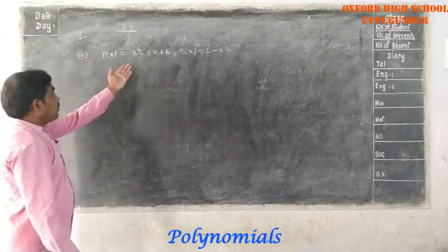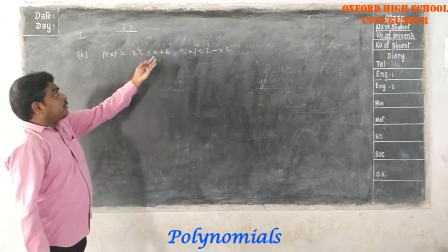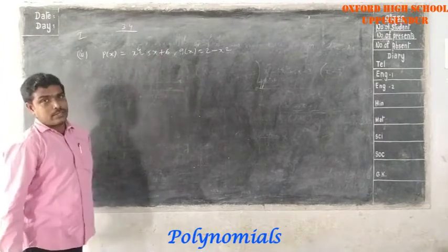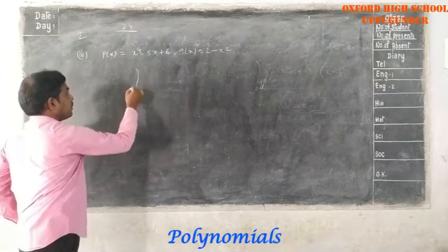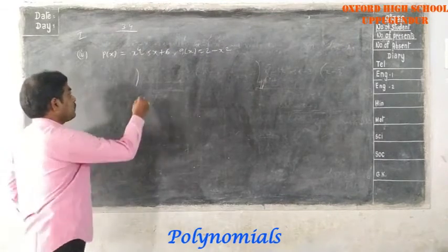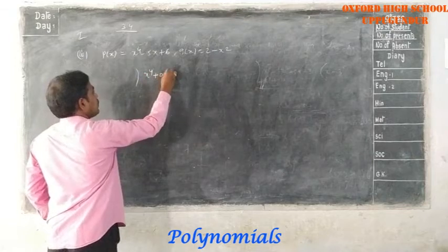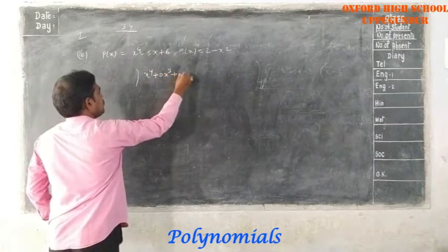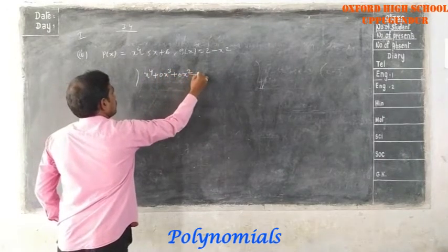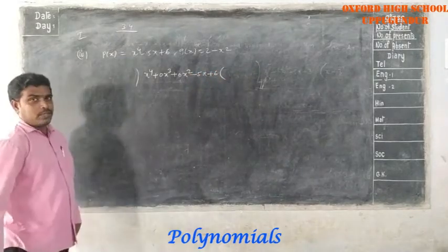See here, after degree 4, degree 3 is not there, degree 2 is not there, degree 1 term is there, and the constant. So instead of degree 3 and degree 2, we can write 0. So x power 4 plus 0x cube plus 0x square minus 5x plus 6. So in this way you can write.